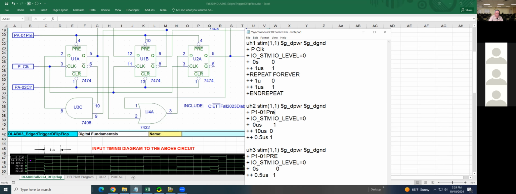PA PRE, you see the zero. The zero for how long? 0.5 microsecond. Then they will be high. Okay? They will be high up to here, right? Okay? So IO still we don't care. At the beginning, at 0 seconds, you want that to be 0.